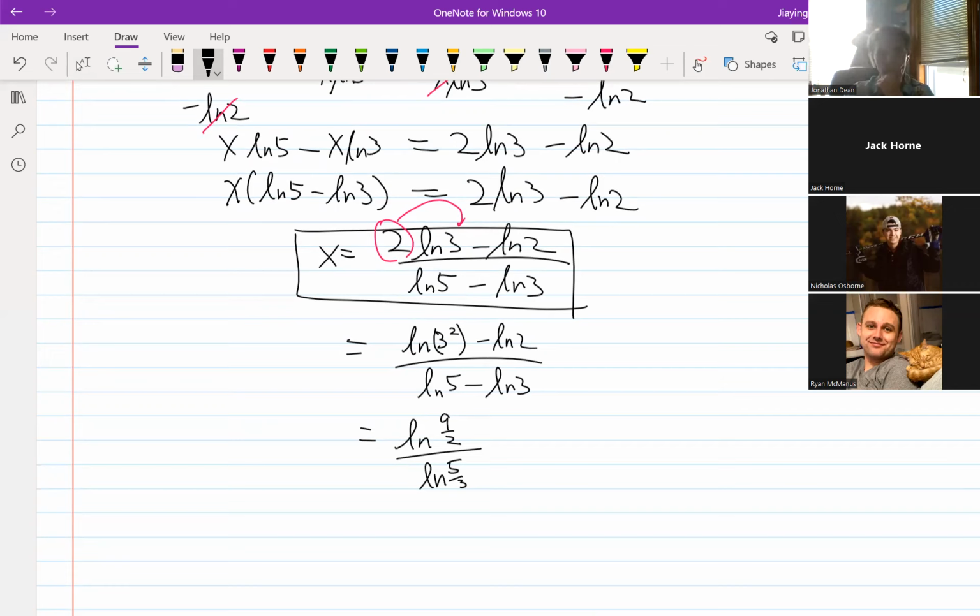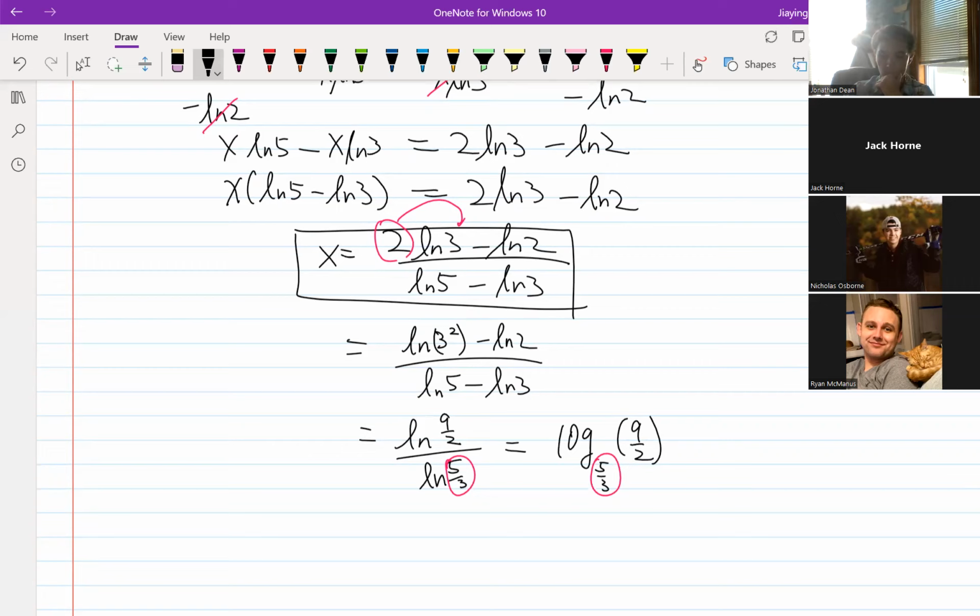If you have a division between 2 logs, the only way you can rewrite them is to use the change of base formula. So that's going to become log base 5 over 3. So the 5 over 3 in the denominator log becomes the base. And then the numerator part, 9 over 2, just goes into the log. So that's how you write it using the change of base formula.